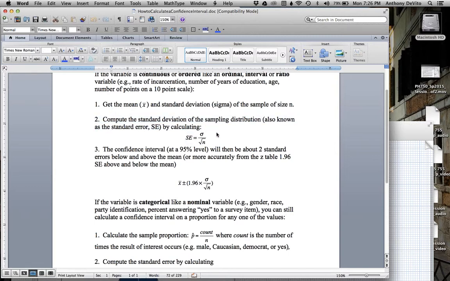Now, we're interested in the behavior of sample means. So we're going to go one step beyond the standard deviation of the population or the sample, and calculate the standard deviation of repeated samples of the same size. If the sample size is 25, we get a mean, do it again, we get another mean, do it again, another mean.